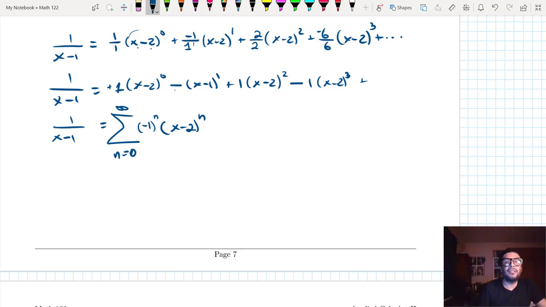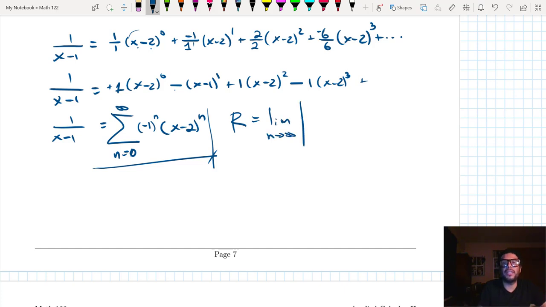And let's look at this series and find the radius and the interval of convergence. So R, by the way, this is the first answer, the series representation of the function. This will be the limit as n approaches infinity of the absolute value of a sub n over a sub n plus 1, which is -1 to the n divided by -1 to the n plus 1.